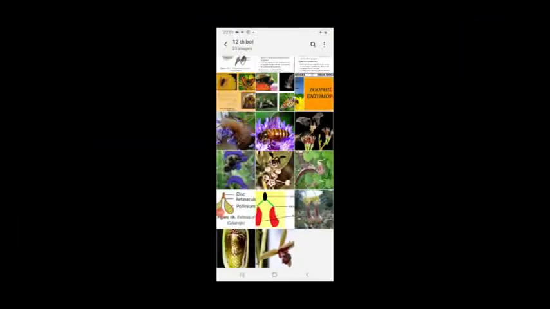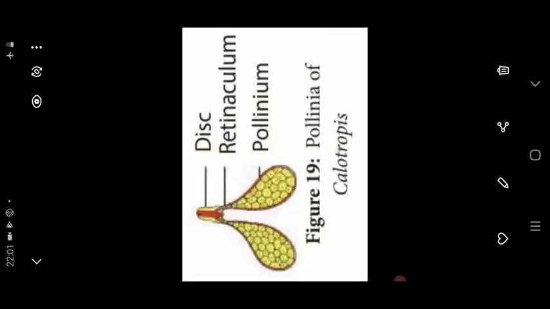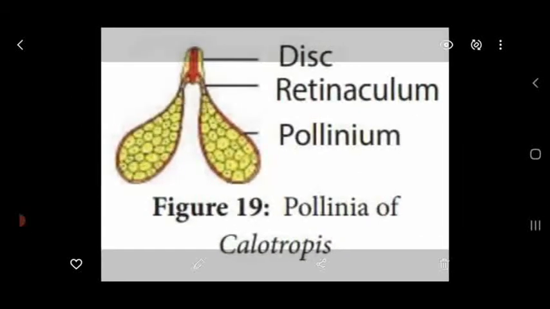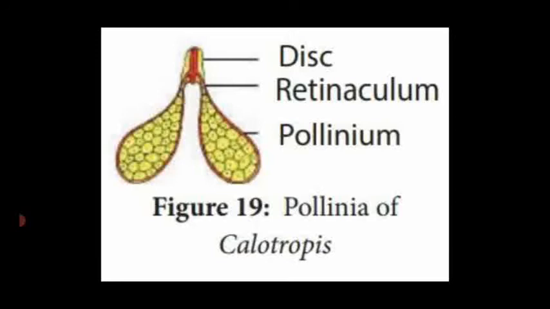Dear students, see the diagram. This is the pollinia of Calotropis. The pollen grains present in the 5 stamens are fused together to form a pollinium. The pollinia are attached by a small clamp-like or clip-like structure called corpusculum.